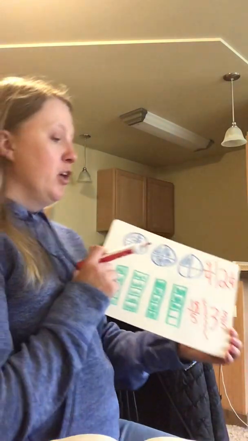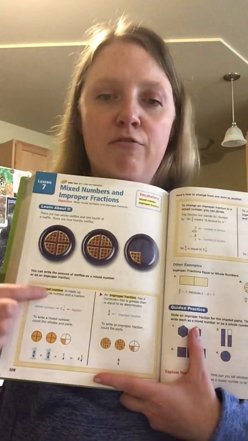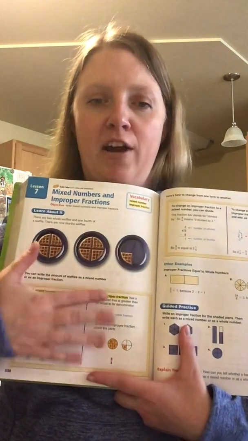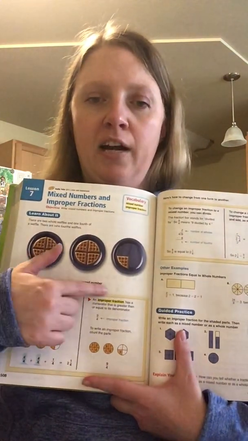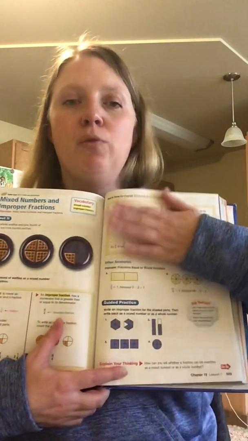Okay, so for your assignment today, we are on page 508. Like I said at the beginning, the definitions and some examples of mixed numbers and improper fractions are right here. So just look for those yellow highlighted words. What we're doing today, you don't need to worry about this part yet.